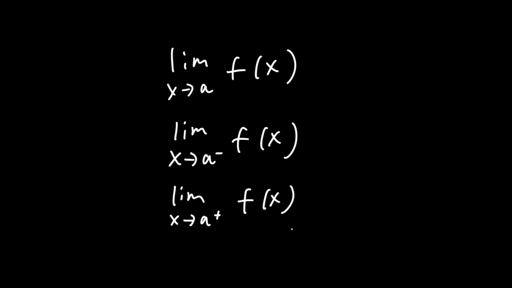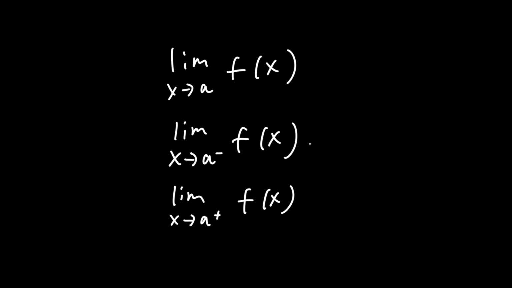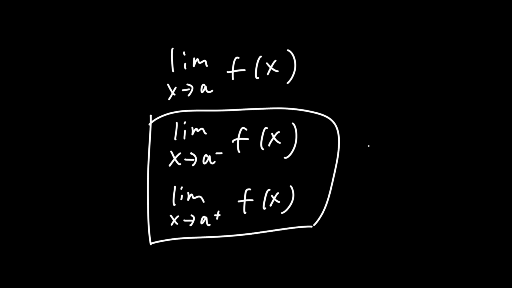Now for a limit to exist, the left-sided limit and the right-sided limit have to match. If they don't match, then the limit doesn't exist. And if they do match, then they need to equal the limit itself. So here's a basic rule of thumb to follow.